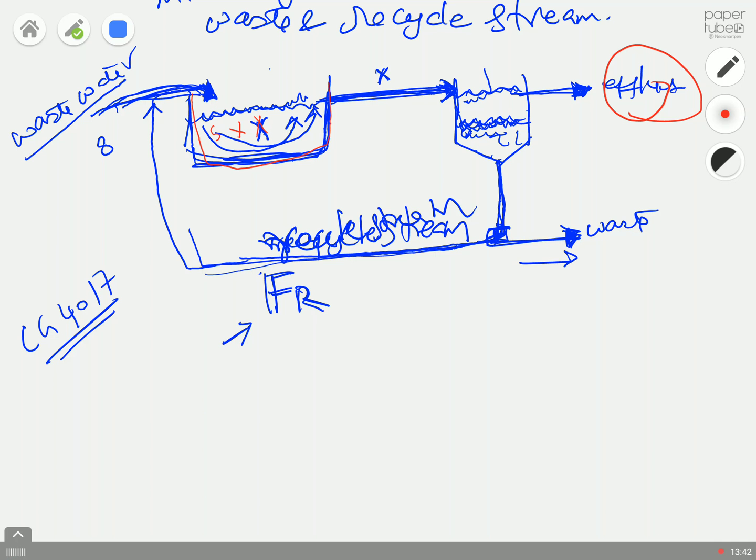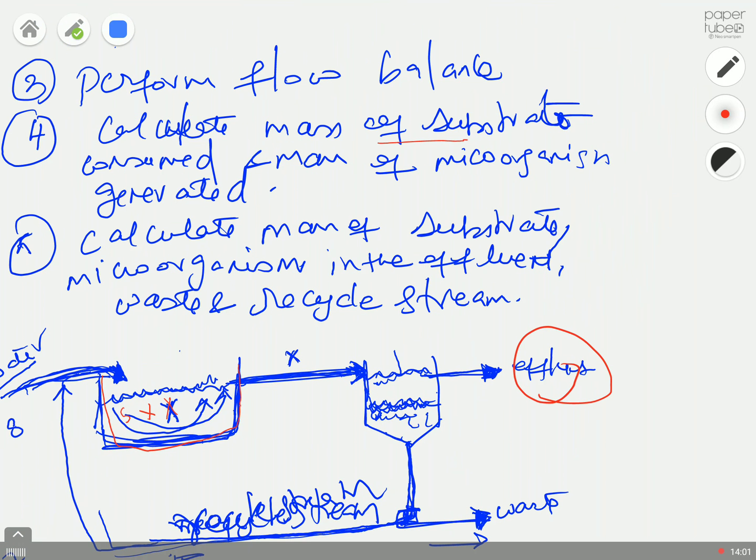You all know how to write microbial reactions: you have some substrate, microorganisms take it, and then produce more microorganisms, which means microorganisms will be generated and your substrate will be consumed. So the question is, calculate the mass of substrate consumed, based on the information you have, and then calculate the mass of microorganisms generated inside the reactor.